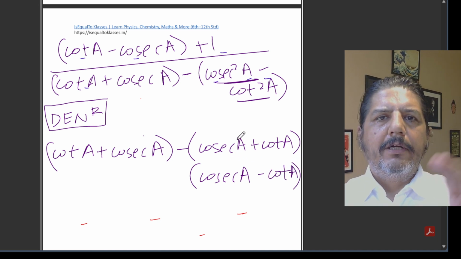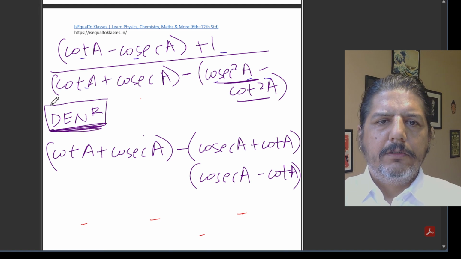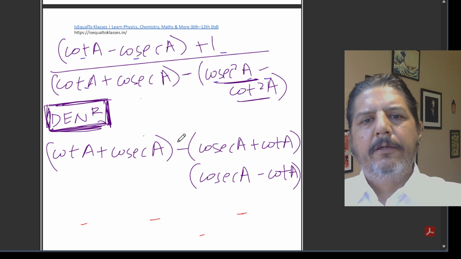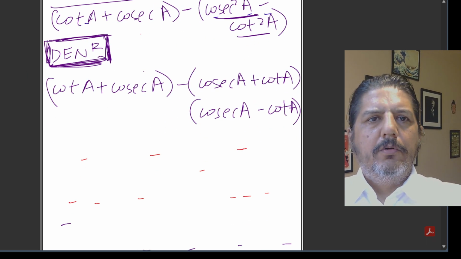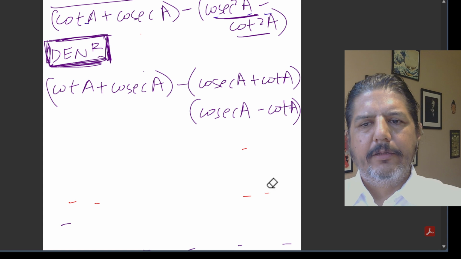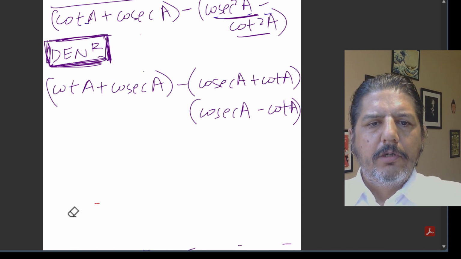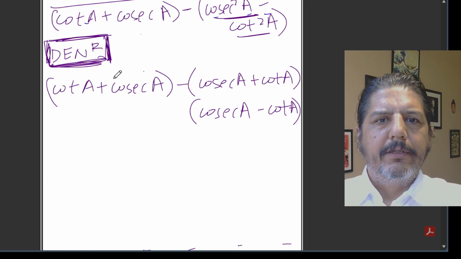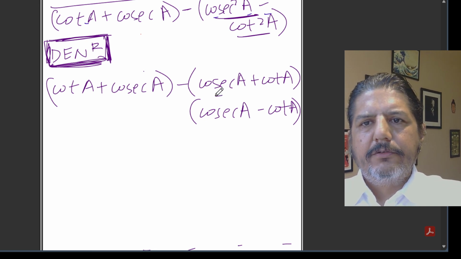So I'm just manipulating the denominator. Please see that this is just the denominator part; otherwise it will create a huge mess, so I'm not writing the numerator now. So what does my denominator become? This cosec A plus cot A is common.